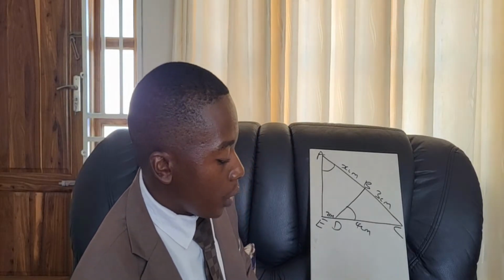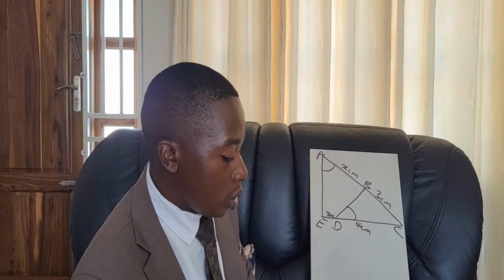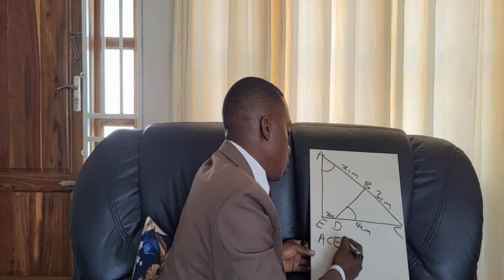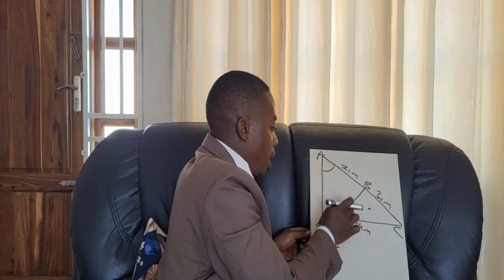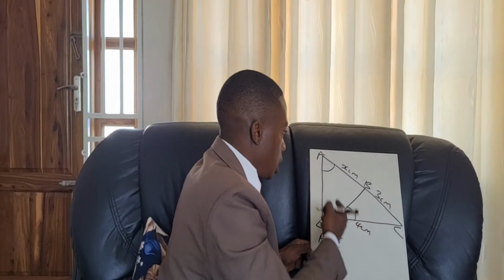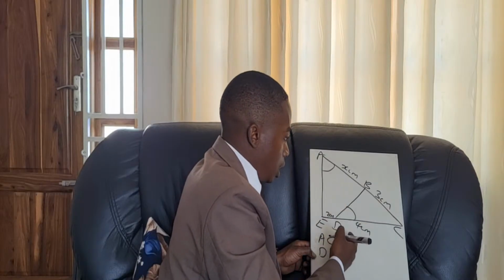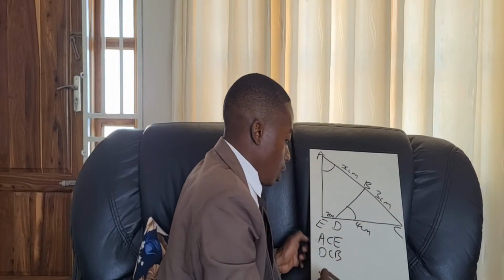Right, so now the triangle ACE has an area of 24 square centimeters. Name the triangle similar to ACE. Similar to ACE is DCB. That's the triangle that is similar.